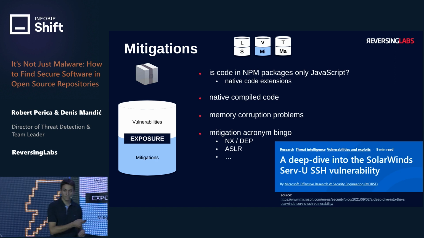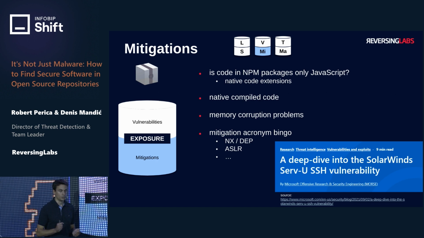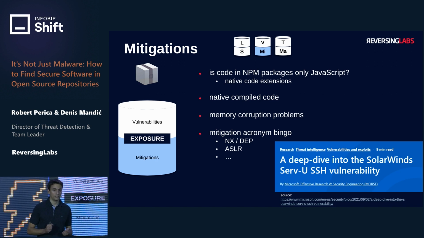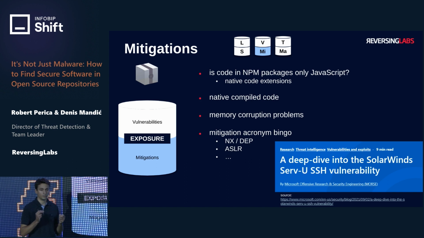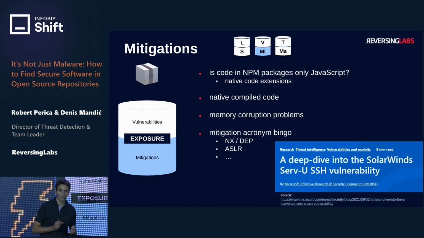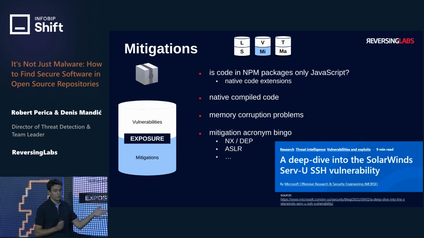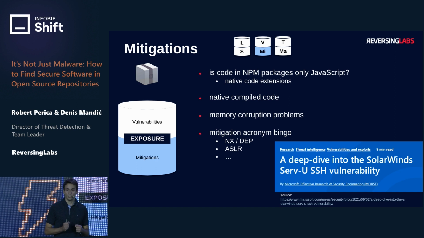In the ServView case, the ASLR, or address space layout randomization mitigation, was not enabled. If it was, it wouldn't have fixed the bug, but it would have made it significantly less likely to be exploited. The impact was that many companies running the ServView component with the affected SSH component had their data exfiltrated.